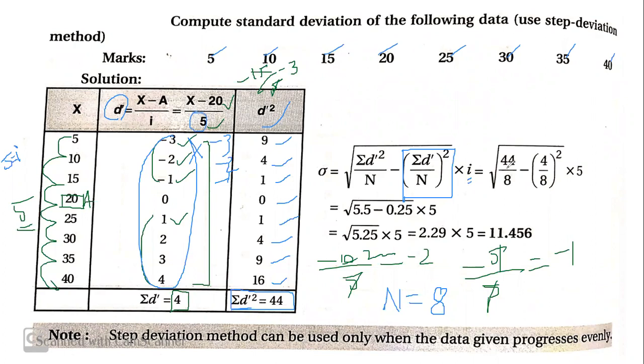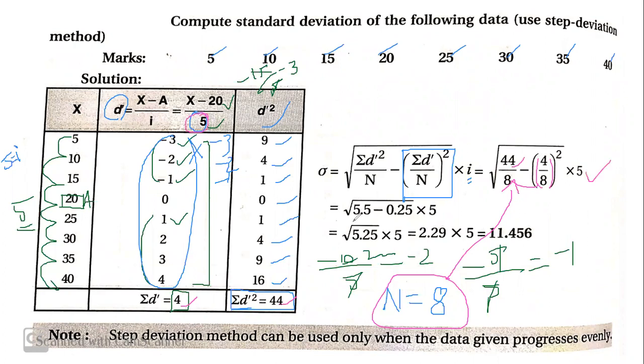Now let's apply all the numbers. Sigma D dash square is 44, N is 8, minus sigma D dash, which is 4, divided by N, that is 8, whole square, then into I, which we already found, 5.